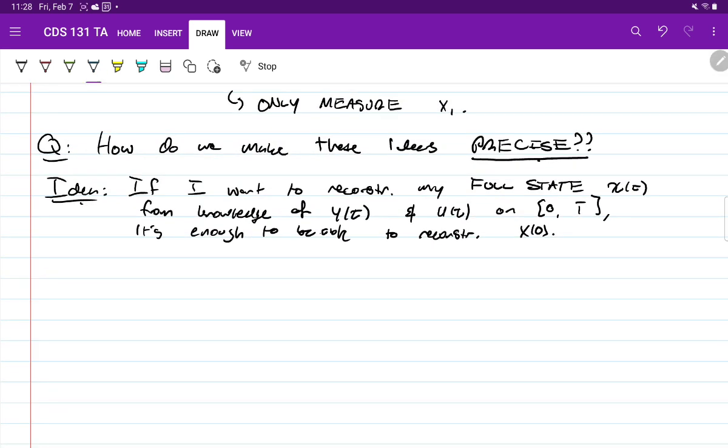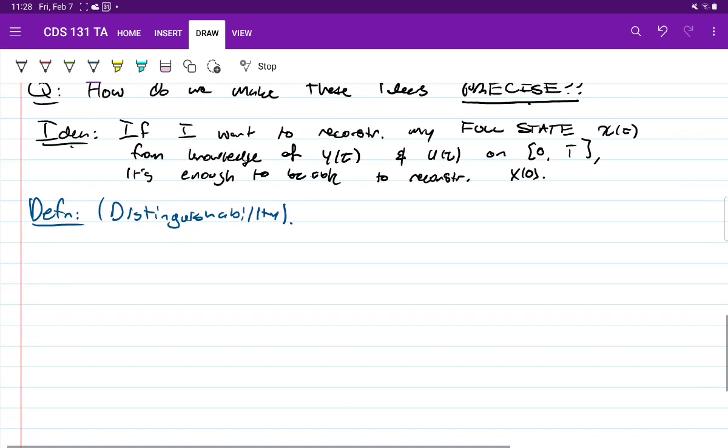So let's first set out this preliminary definition, distinguishability. It tells us that if we could find an input signal that picks out the difference between two initial states, then we could work out which initial state we actually came from.